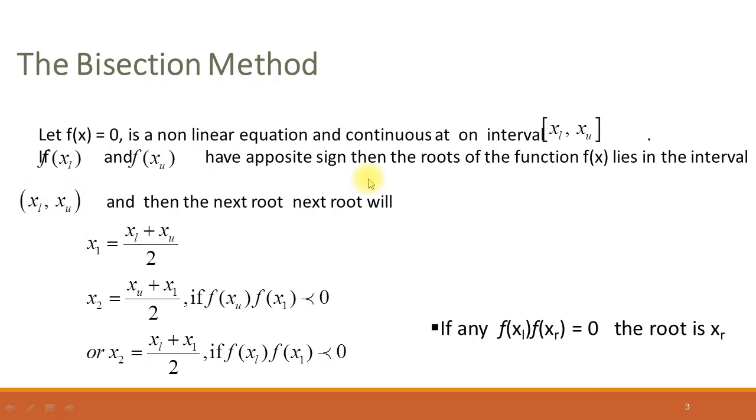So dear students, note that this is the closed interval and this is the open interval. If the function has opposite signs at xl and xu, then the root lies between xl and xu, and the next root will be calculated as x1 = (xl + xu)/2. For x2, check the sign of the function for these roots. Now for x2 we already have three points: xl, xu and x1.